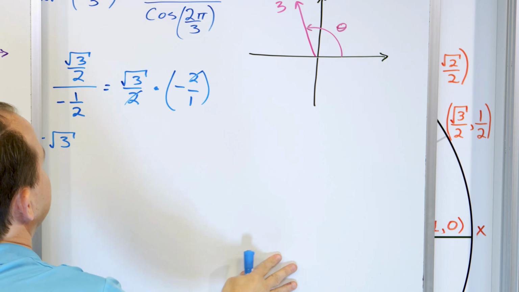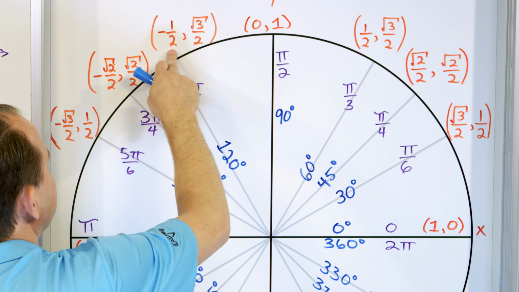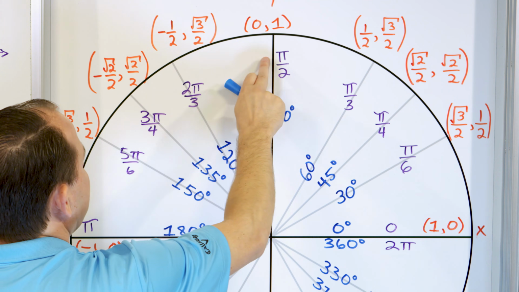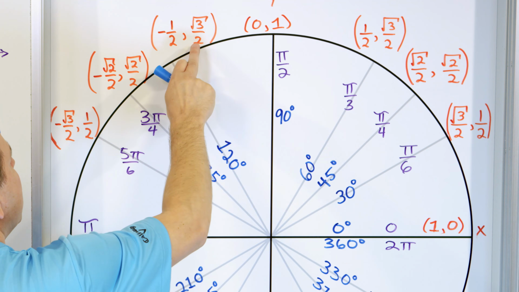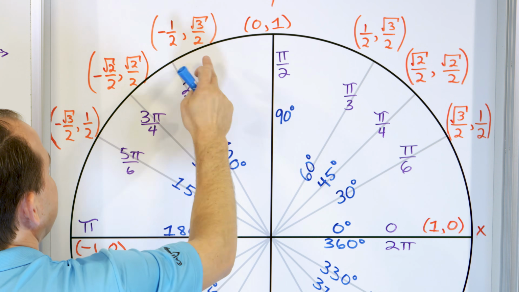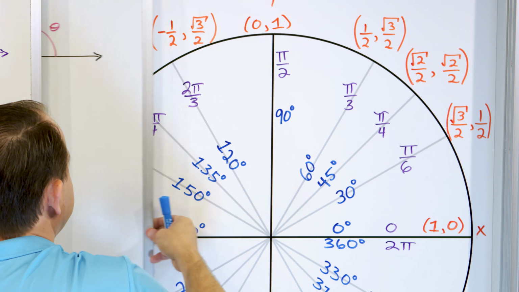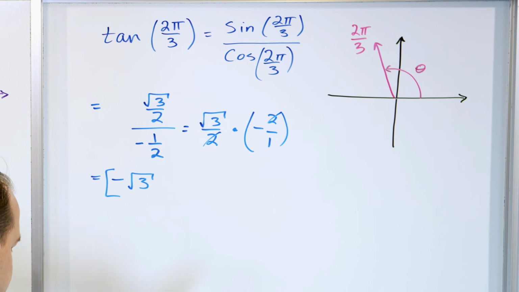That's what we wrote down here. And the cosine of this is the projection onto x, which was negative 1/2. Project onto positive y-axis, project onto negative x-axis. So what you do to find the tangent is sine over cosine. This divided by this, which is exactly what we did. We do the math, we get negative square root of 3. That's the final answer.